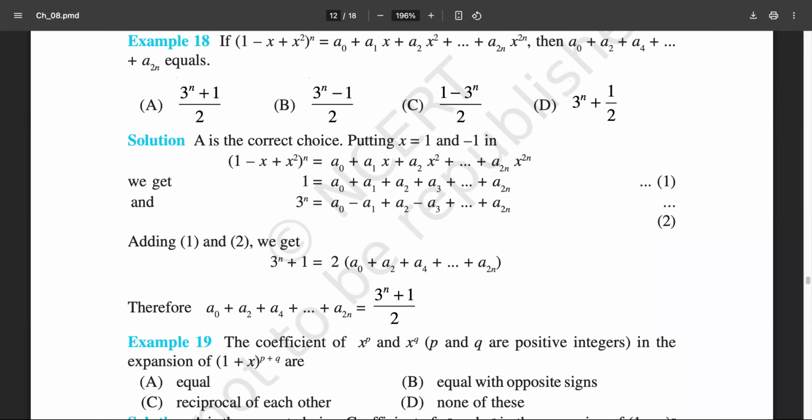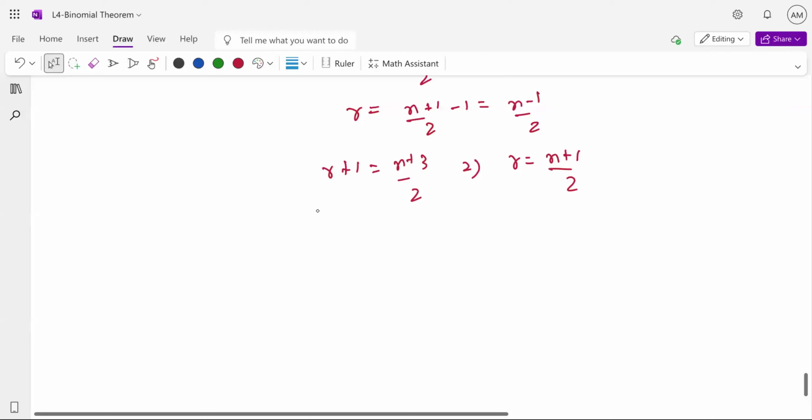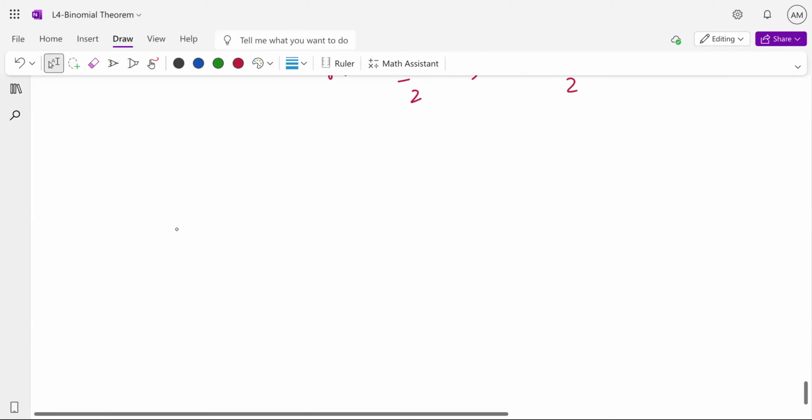I'll suggest one more thing. We are working with powers. Let me share my board. If you get an expression like a plus x by a, always try to figure out where we can neglect things.